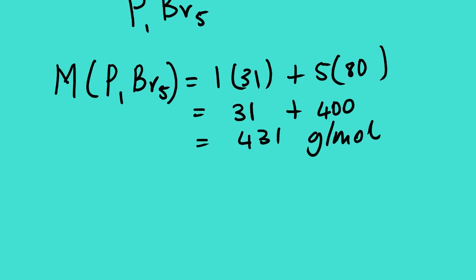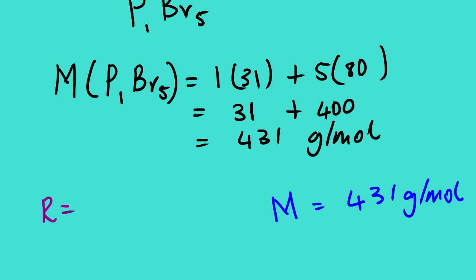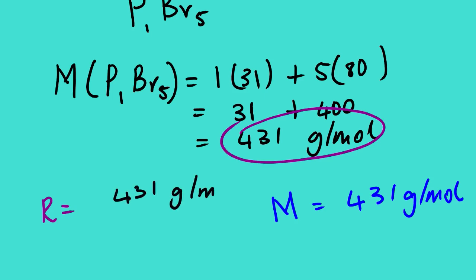Now looking at the question, we are given the molar mass of the compound as 431 grams per mole. So you can see that our ratio will be equal to 1, because 431 grams per mole divided by the molar mass of the empirical formula, which is the same, gives 1.